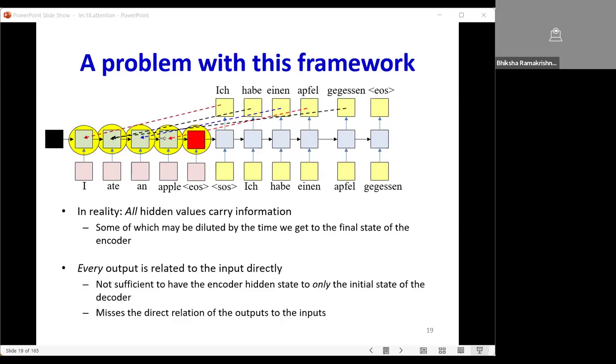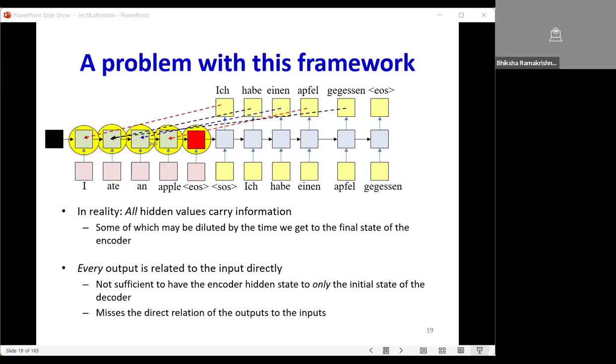And the output words aren't just related to this one vector, because although it supposedly encapsulates everything that came in, it is going to have some recency bias.